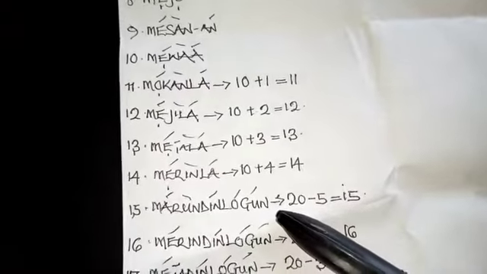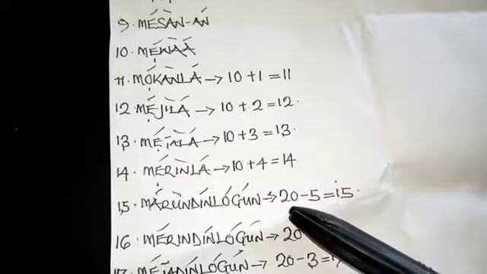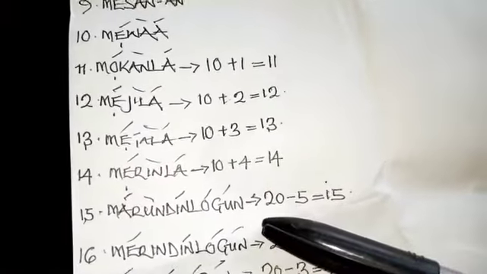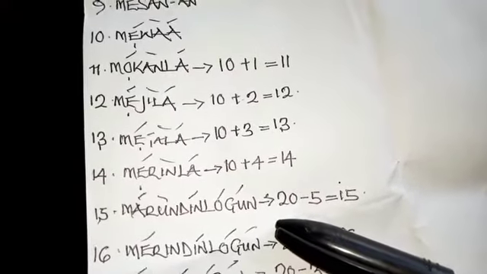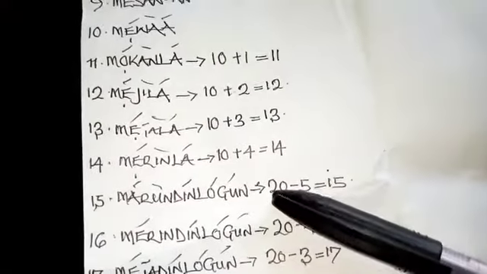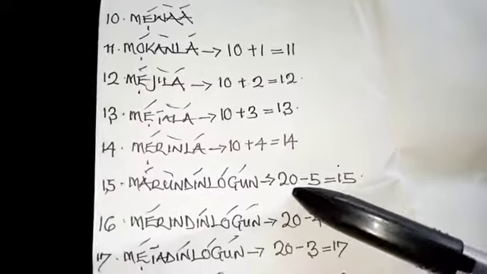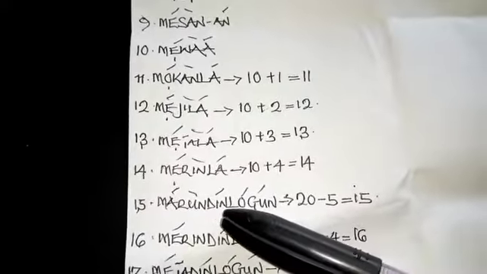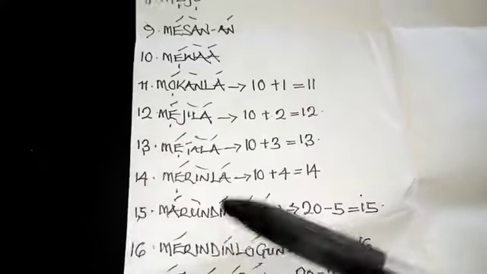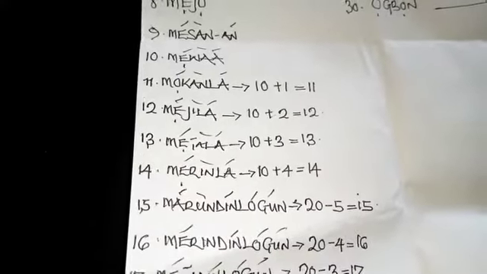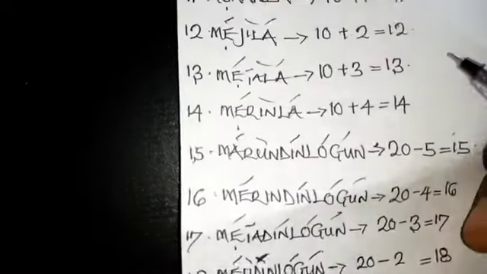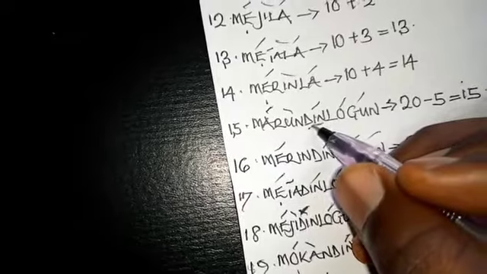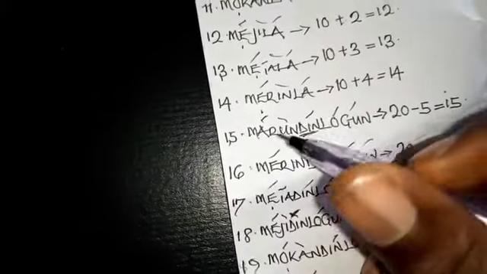Now, I want you to take note of this. We use the system of subtraction. 20 minus 5 gives us 15. Márùndínlógún, dín means minus.